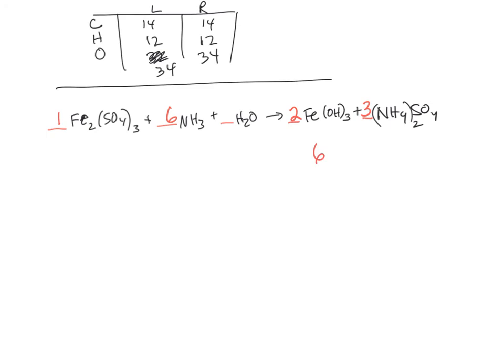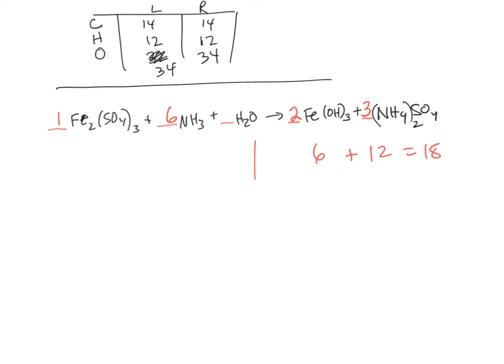If I put the O there, it looks like a 0, so I'm going to leave it out. All right, so that's 6 oxygens. And then on the sulfate, there's 4, and you've got 3 of those, so that's 12, so there's 18 on the right-hand side.